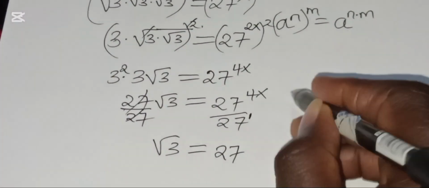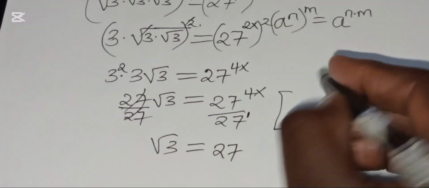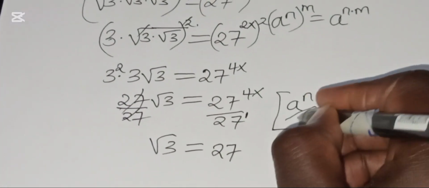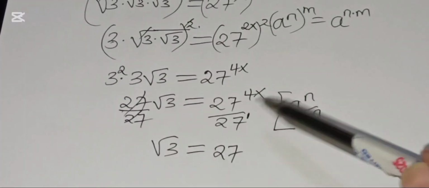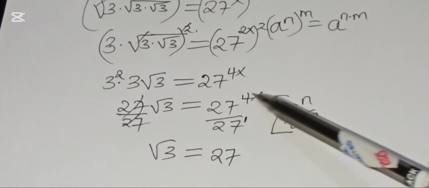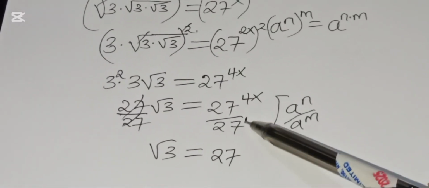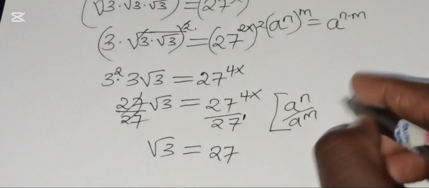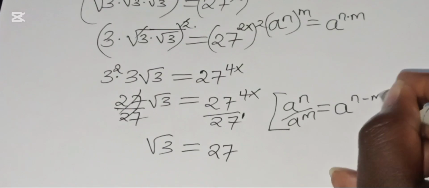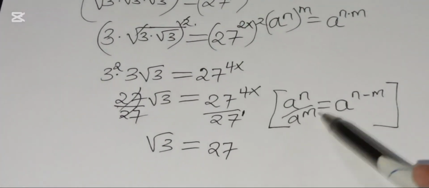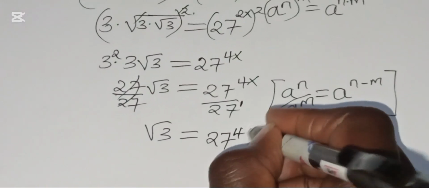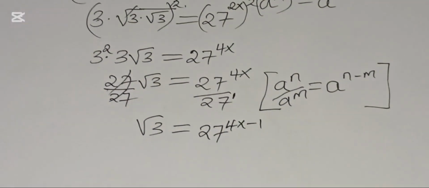Applying the indices identity, a raised to power n divided by a raised to power m can be expressed as a raised to power n subtract m. So let's apply this identity, so that we're going to have 4x subtract 1.